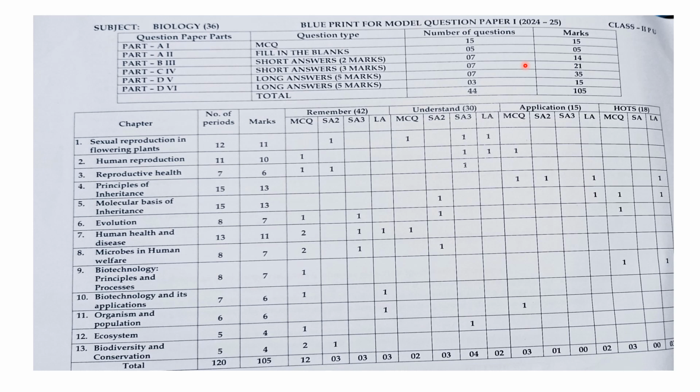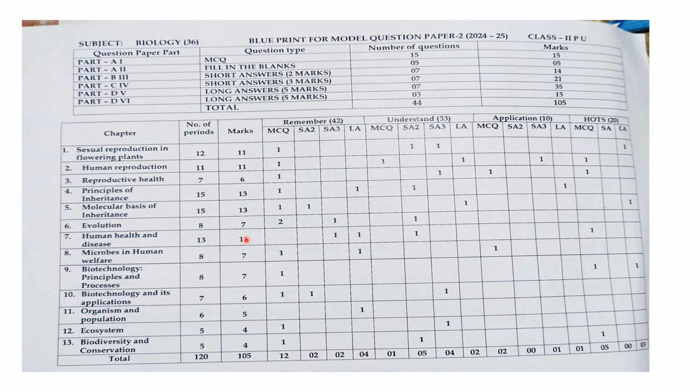Model question paper 1 also has the same weightage, so there are no changes. And in the second model question paper blueprint, the weightage is the same for the two chapters, 13 and 13. So in total 26 marks from the two chapters are considered in the overall syllabus.